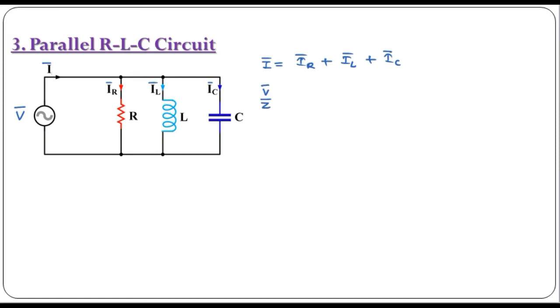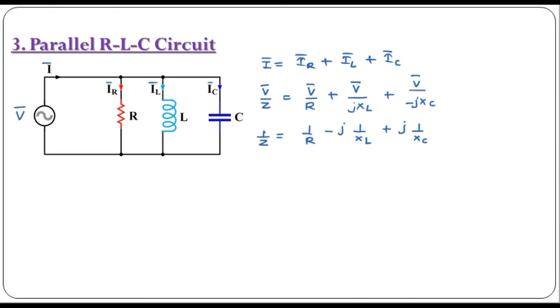Okay, so what is total current I phasor? It is given by V phasor by Z, which is equal to V phasor by R, plus V phasor by the inductor, which is represented by J into XL, plus V phasor by minus J into XC. Okay, so if we take V phasor common, we get 1 by Z equal to 1 by R, minus J into 1 by XL, plus J into 1 by XC.